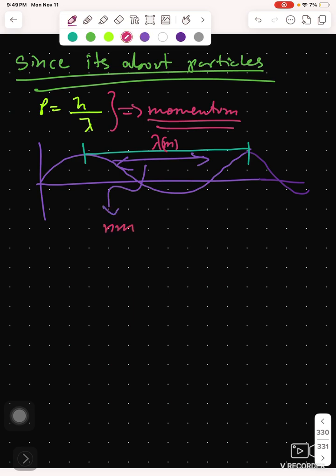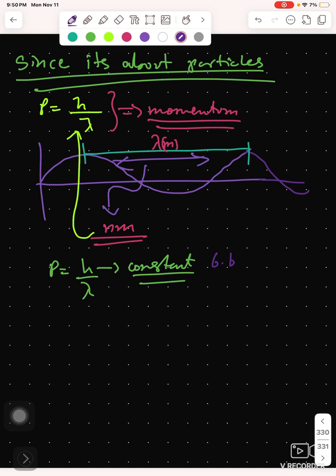And h is a constant, and this constant is 6.63 times 10 to the power minus 34 joule seconds. This is our constant.